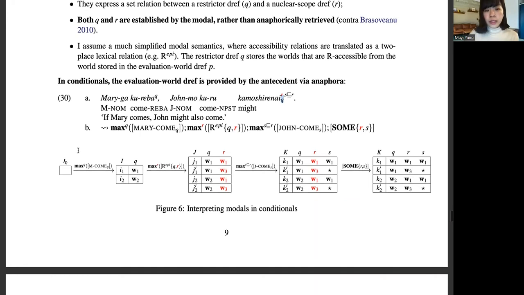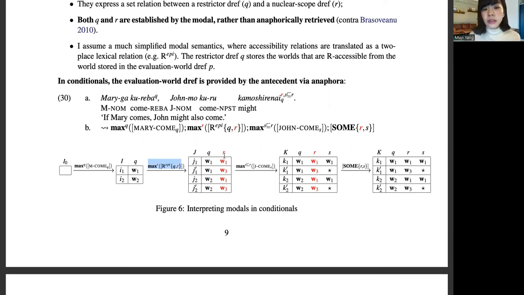So when we look at the update that this sentence amounts to, when we translate it into our language, obviously this has one more step compared with the Q adverbial conditionals that we have seen. And that's the step where we are introducing a new discourse referent to store the situations that are epistemically accessible from the world where Mary comes.